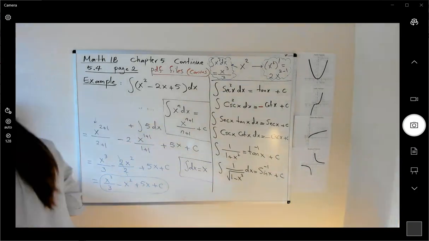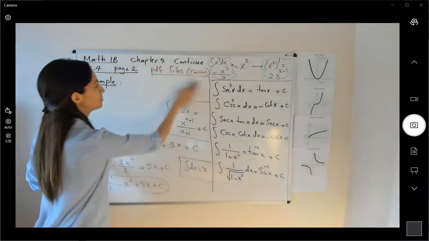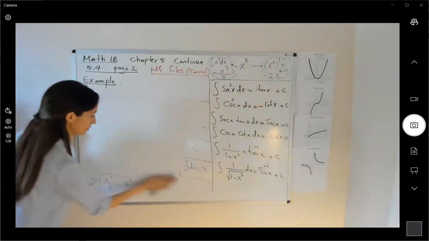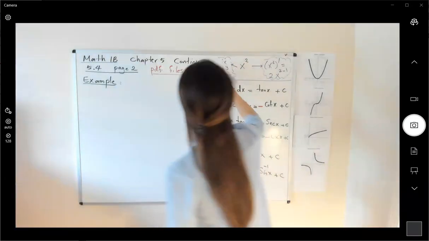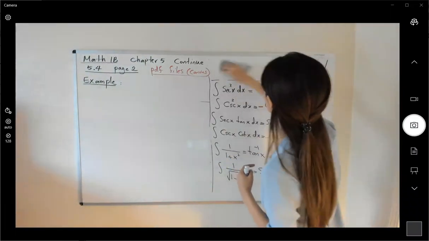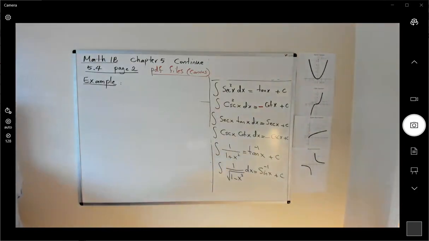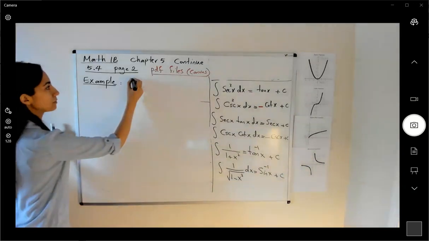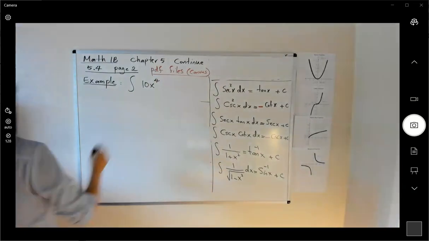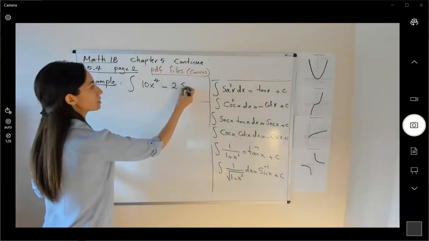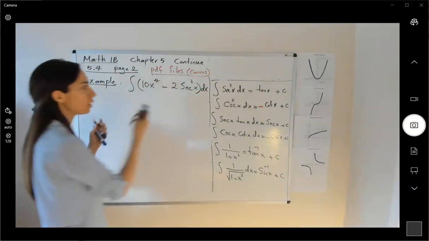We are still on page 2. Second example. So this example says, you have integral of 10 x to the 4 minus 2 times secant squared of x dx. What is this integral?